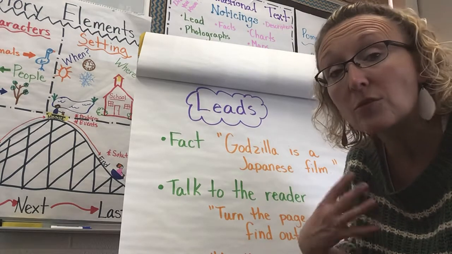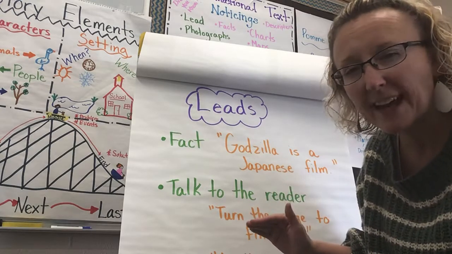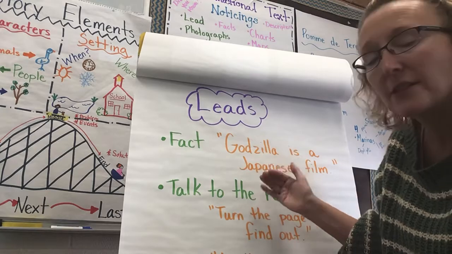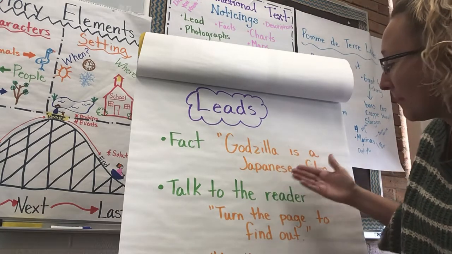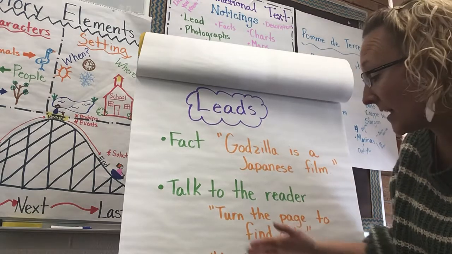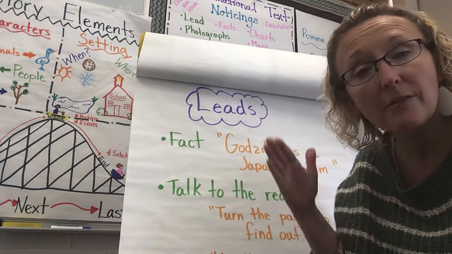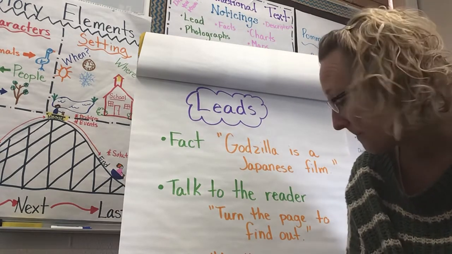Maybe something that you don't already have written in your book. Not something that's on the fact page, because you don't want to say the same thing twice. Like I know Jaden's using Godzilla. So my fact could be, Godzilla is a Japanese film. And then I could also add, turn the page to find out more about Godzilla. So both of those could go together and become my lead, okay?